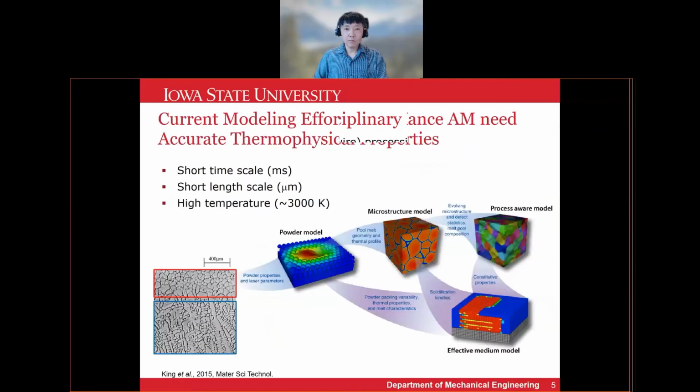What they're aiming at is to develop multi-scale physics-based numerical models which can simulate the additive manufacturing process from material melting, solidification, phase transformation during cooling, and the final microstructure, which in turn can give the properties of the fabricated part.